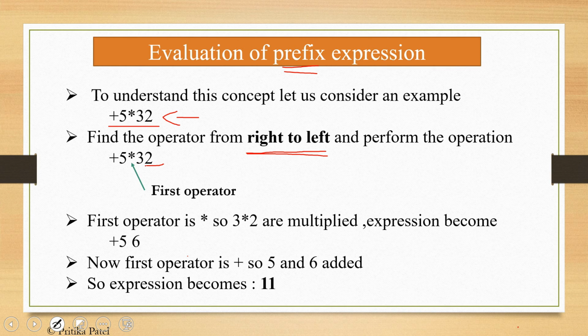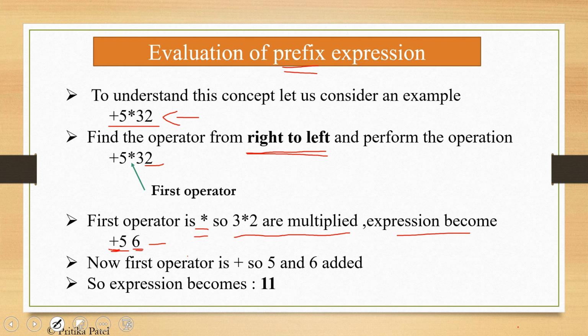So the first operator is multiplication, so 3 into 2 are multiplied and the expression becomes plus 5, and 3 into 2 becomes 6. Now again we check our expression from right to left: 6, then 5, then plus.